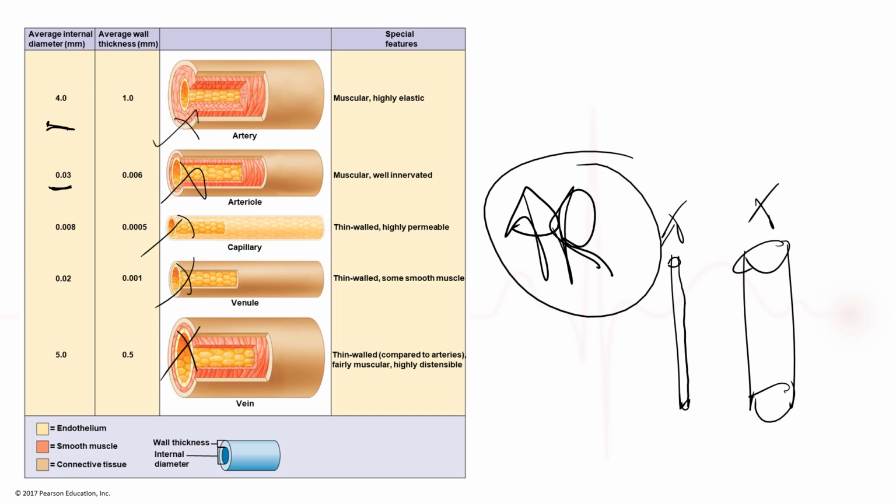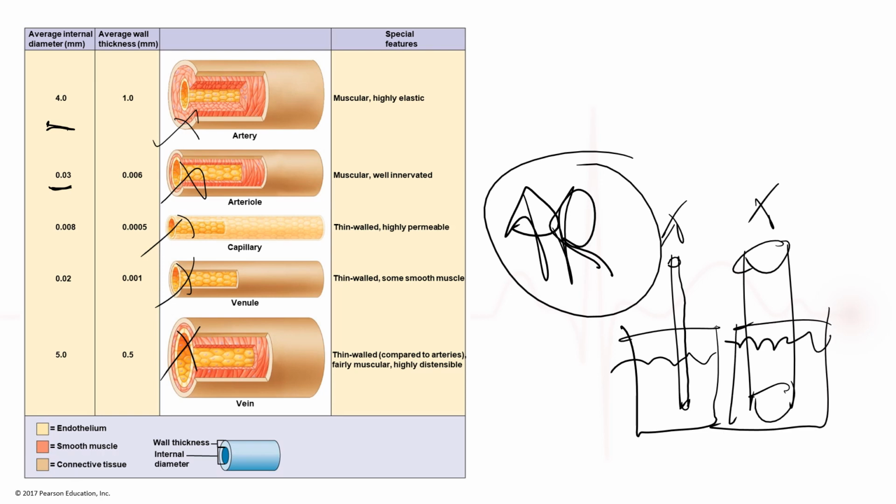If you had a glass and both glasses were filled with the same amount of water, you could empty the glass with the McDonald's straw much faster than you could empty the glass with a coffee straw.